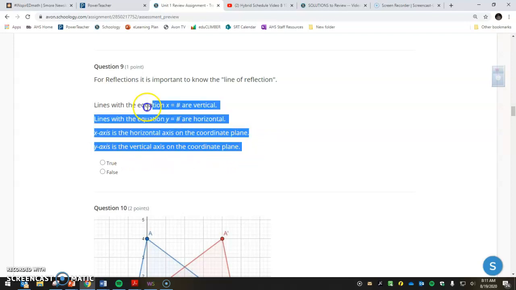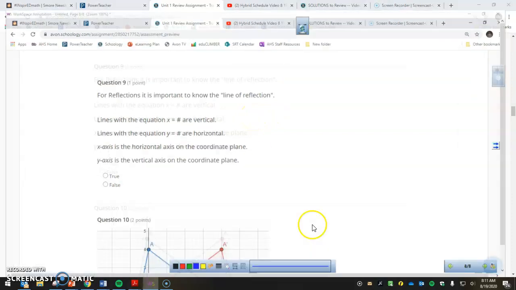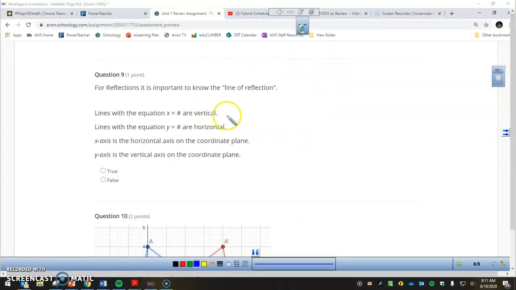So this is more so just reviewing that you understand how the equations of lines work, so you know where the line of reflection is. Because if you don't know where the line of reflection is, a lot of these problems are going to be wrong. All right, so just to reemphasize with this one real quick. So if we had an equation x equals 3, what it means is that if I'm on a coordinate plane, this is my y-axis, this is my x-axis.